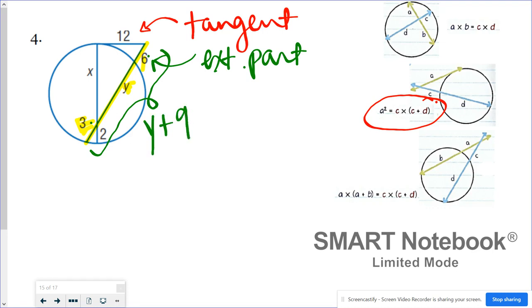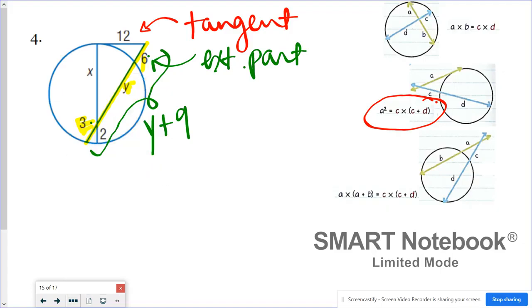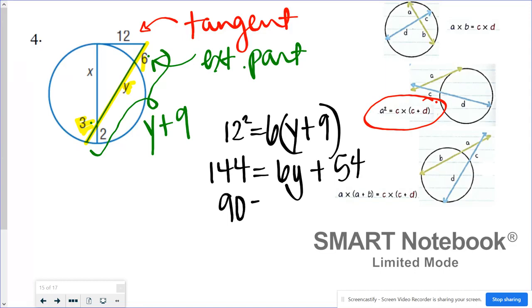Okay, and so I'm ready to figure out what y is. So I would have the tangent squared is equal to the whole secant of y plus 9 times its external part, which is simply 6. So I am able to solve this equation pretty easily because it is simply a linear equation. So it does make things a little bit easier for me. So I end up with 90 is equal to 6 times y, thus y is equal to 15.